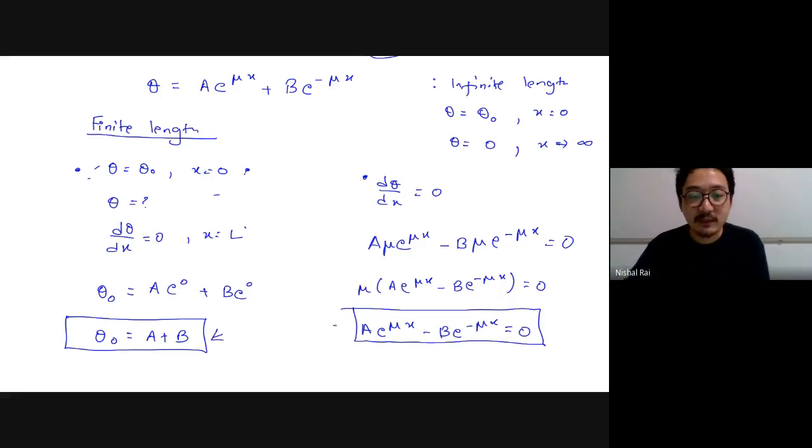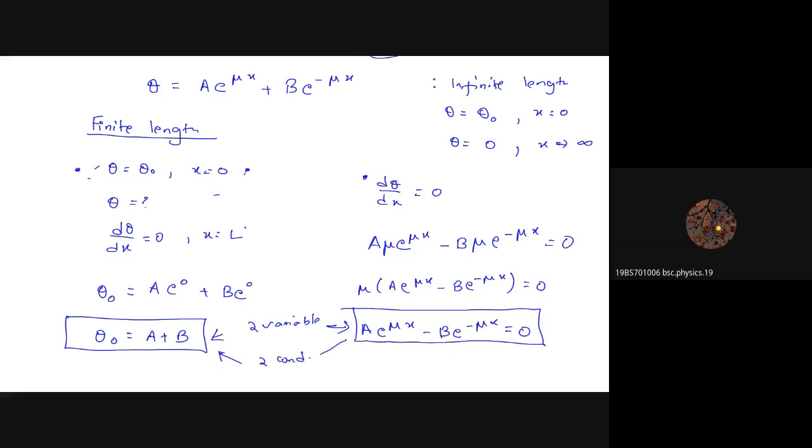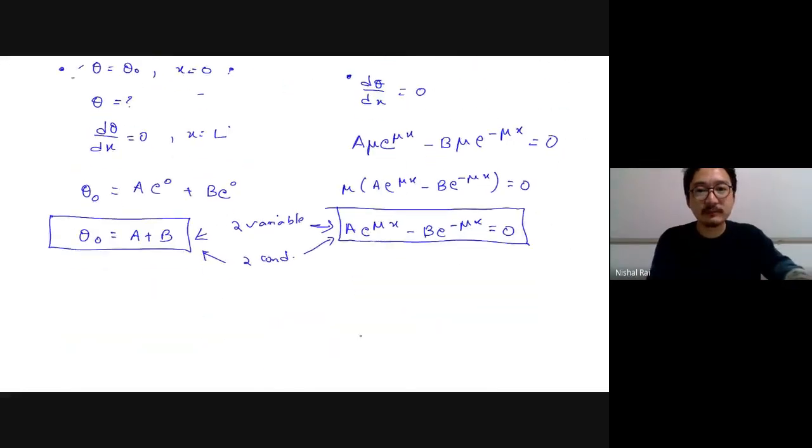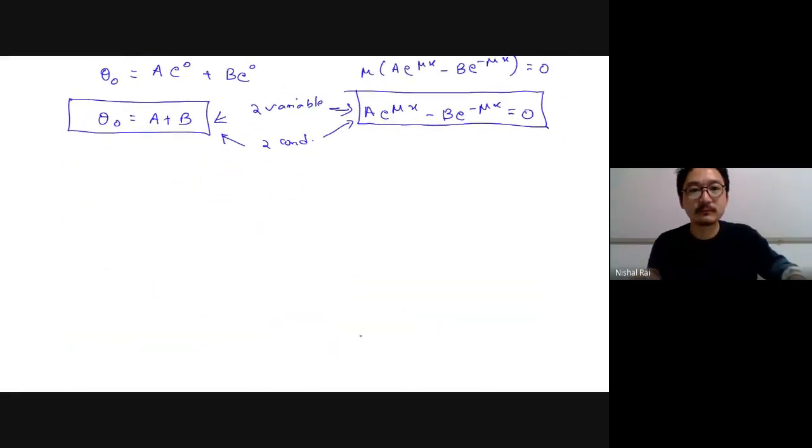How many variables are there? 2 variables. And how many conditions are there? 2 conditions. Now can we solve for these 2 unknown variables? First, we can substitute the value of this over here. Or the easiest way is we can just multiply both sides by e to the power mu x.